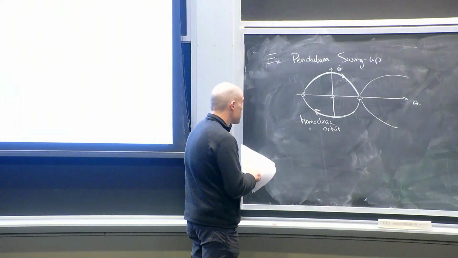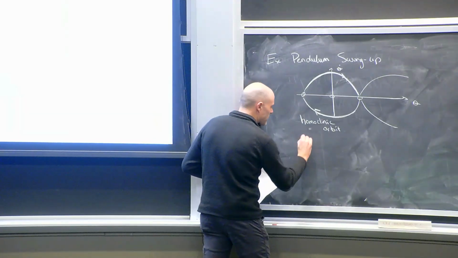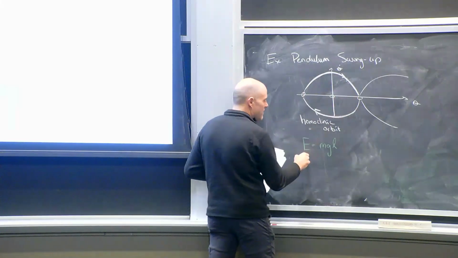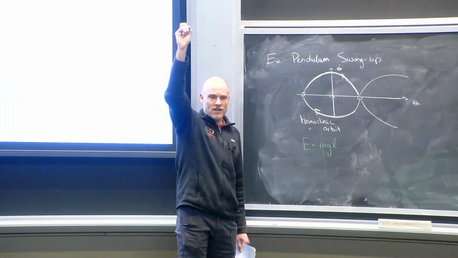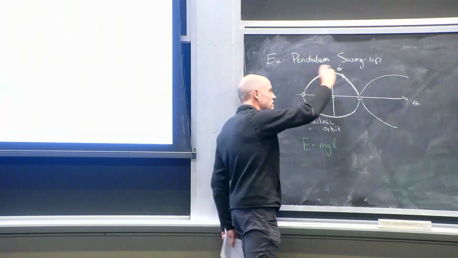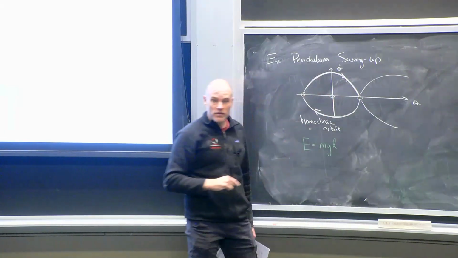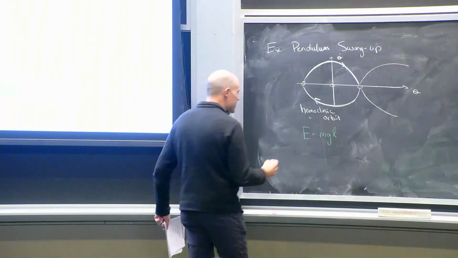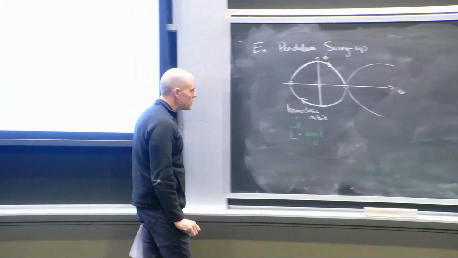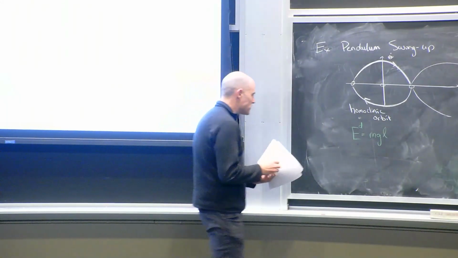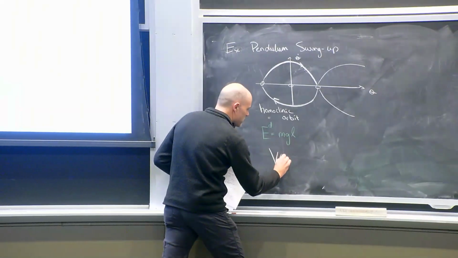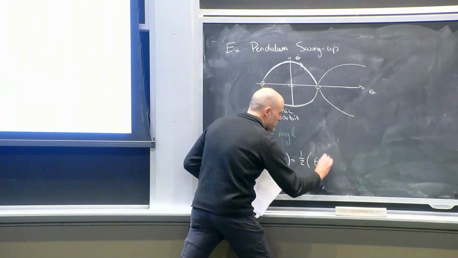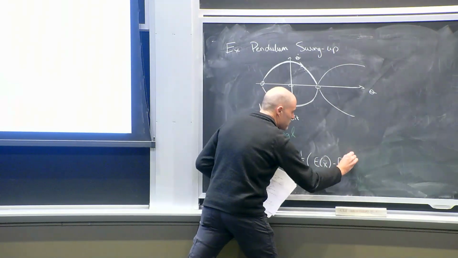So the homoclinic orbit is just defined as all of the states that have energy mgl. That's the energy of the upright. And in the undamped pendulum, these are the lines of constant energy. So I'm going to say that this is my desired energy. And I'm going to come up with a Lyapunov function, which is just, call it 1/2 actual energy minus the desired energy, squared.